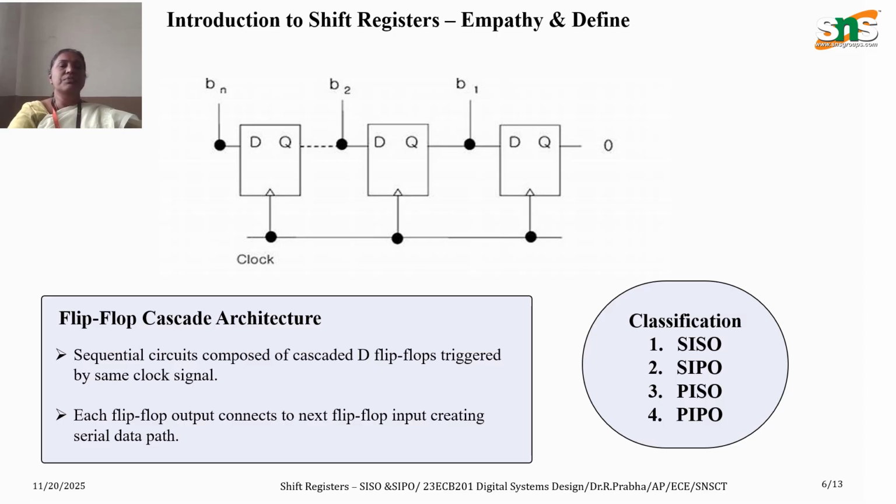Shift registers are storage devices in memories, communication systems, computer systems, etc. They consist of a series connection of D flip-flops, where one flip-flop output serves as an input to another flip-flop, and in this way a cascade architecture is formed. In this sequential circuit, each flip-flop connects to the next flip-flop, which creates serial data paths.